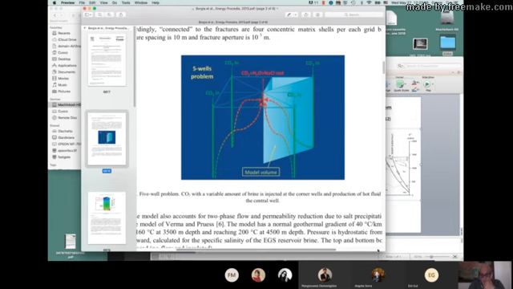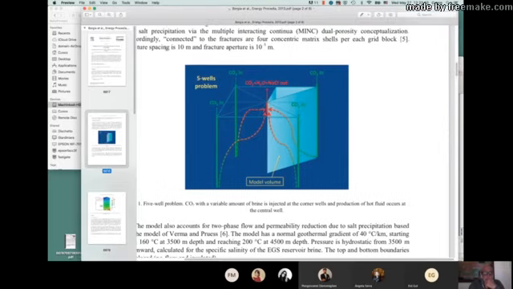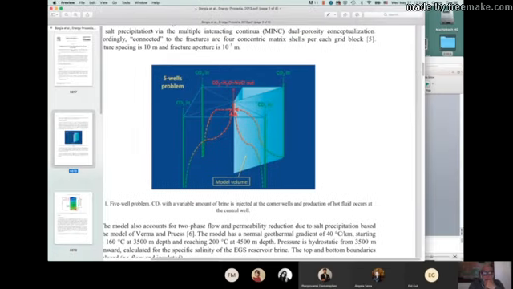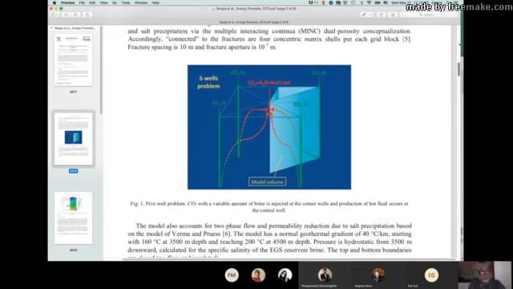We have been talking in the past few days, and even today, of how important it is to avoid non-condensable gases, mainly CO2.